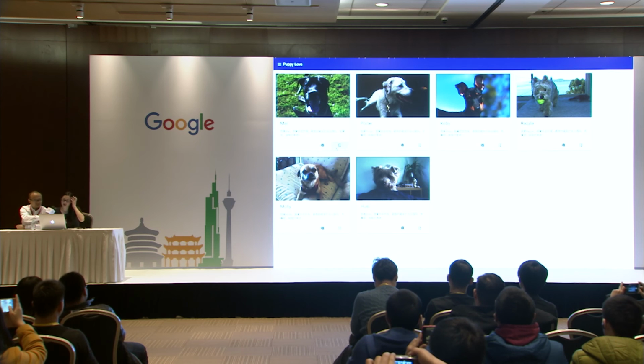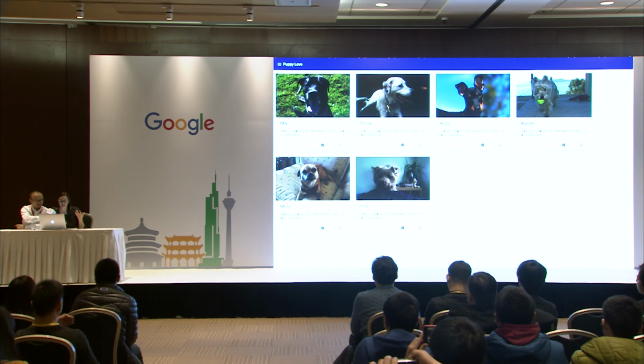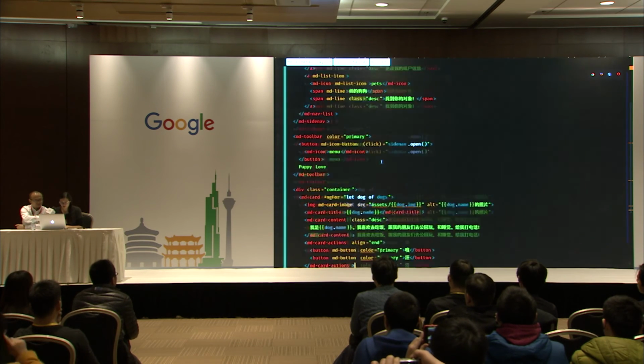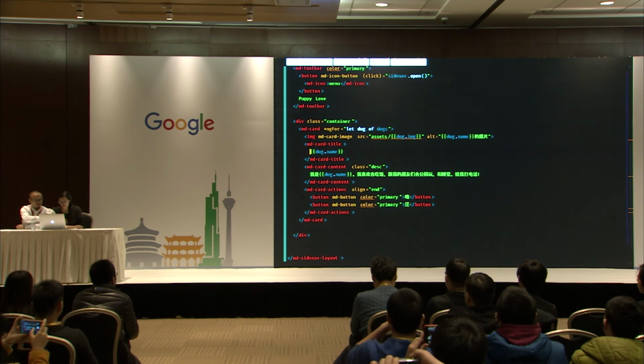Okay, cool. Now that we have our action buttons and our dog profiles, let's start playing with some of the other APIs that we have, like forms and animations. It'd be really cool if you could click on a dog name and it would turn into a text field so you can edit it. So we're going to hook that up right now. If we go back to the dog's title here, we can wrap that in a span, and we want to close the tag.